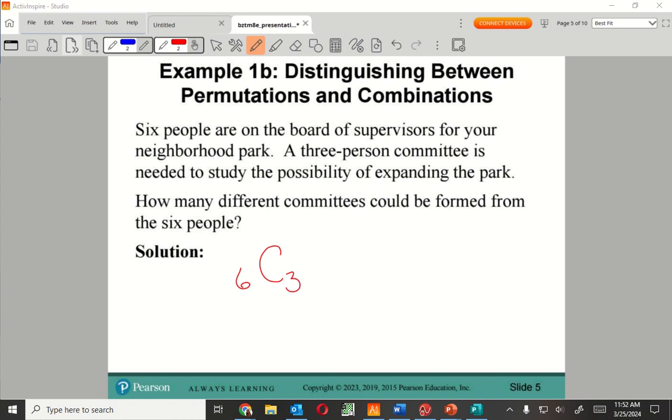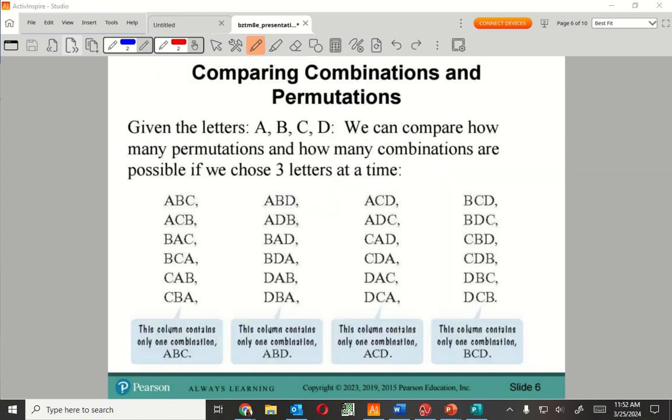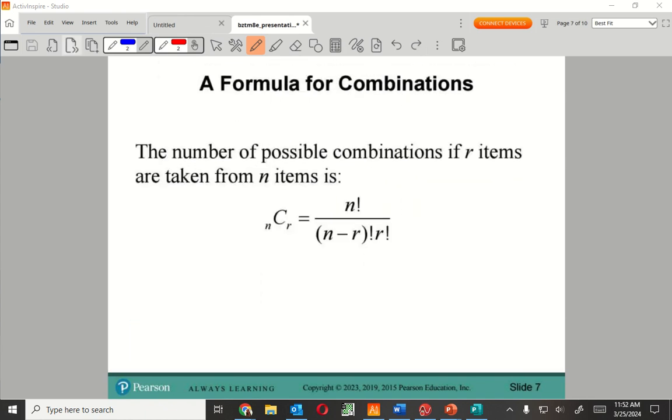So this one is a combination, but my slides are kind of out of order. So we're going to flip over to slide 7. Here's the formula for combination. So we said that's going to be 6C3.